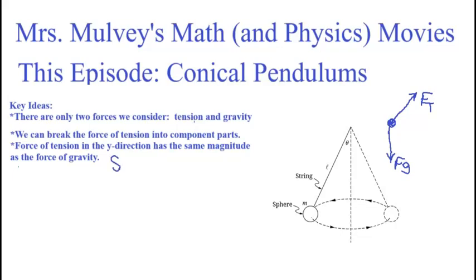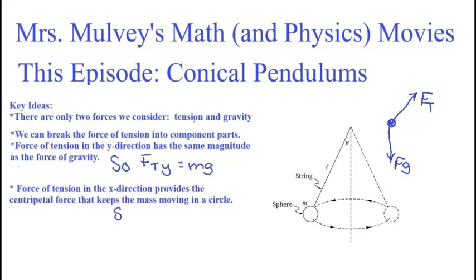And remember, the force of tension in the y direction has the same magnitude as the force of gravity. So, ignoring the signs and just using absolute values, the force of tension in the y direction equals mg, and the force of tension in the x direction is what provides the centripetal force that keeps the mass moving in a circle. So the force of tension in the x direction, that's the centripetal force, that's the mv squared over r.